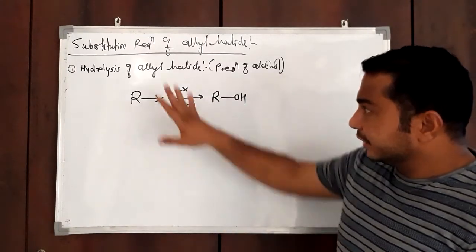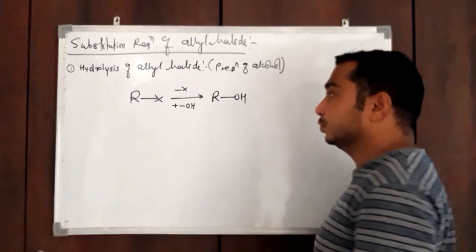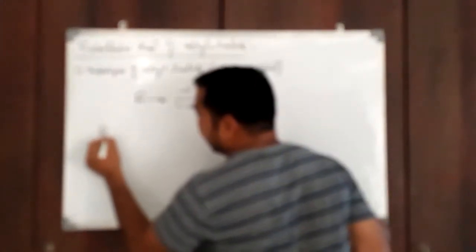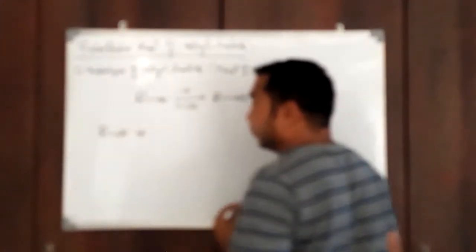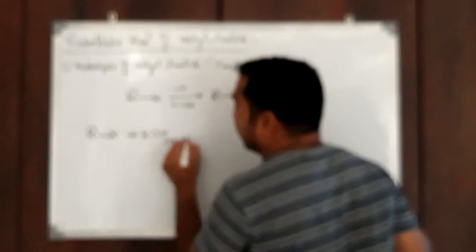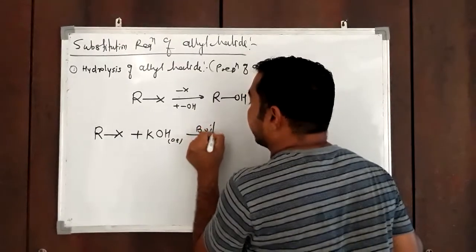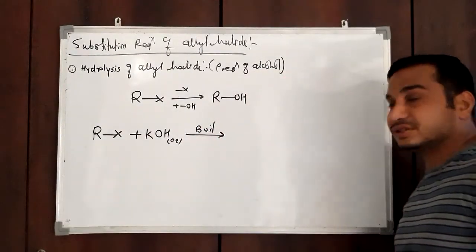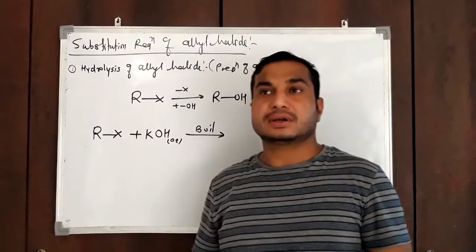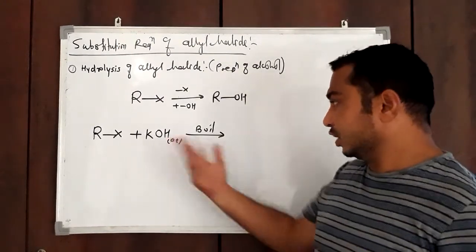Now to carry out this reaction, what do we have to do? The alkyl halide molecule is boiled with an aqueous solution of KOH, potassium hydroxide, or even sodium hydroxide.